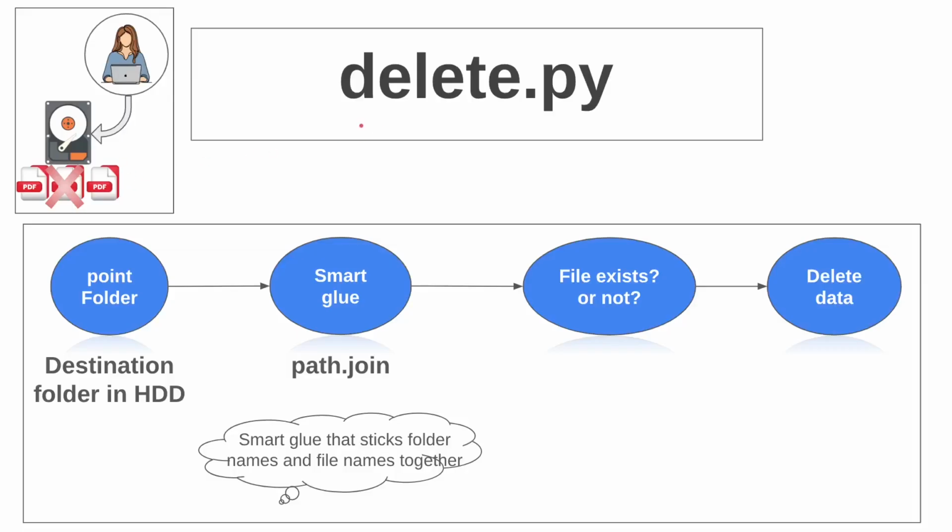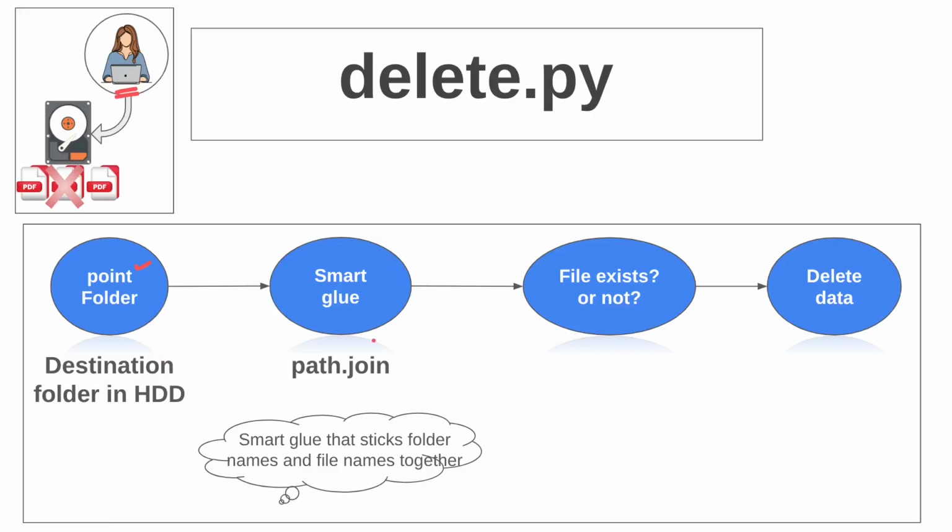Now let's see how to delete a file from FastAPI. So here also, first of all, we will import our necessary modules. Then we will point to the destination folder on the server.